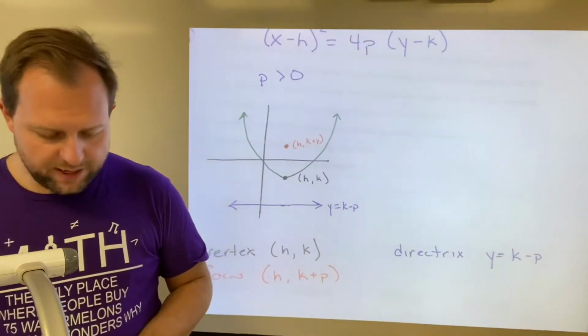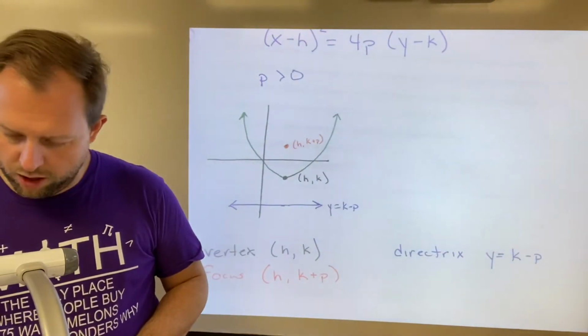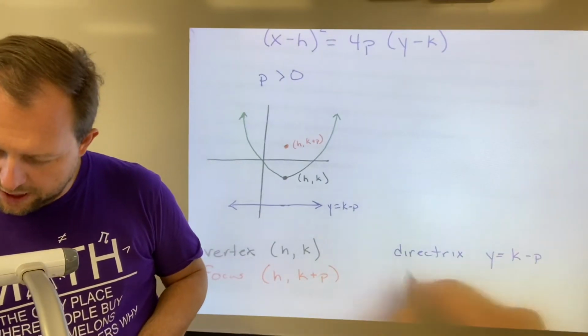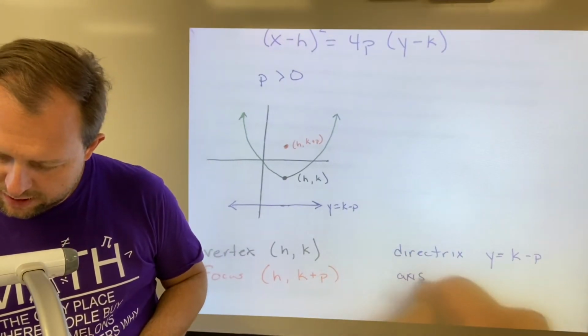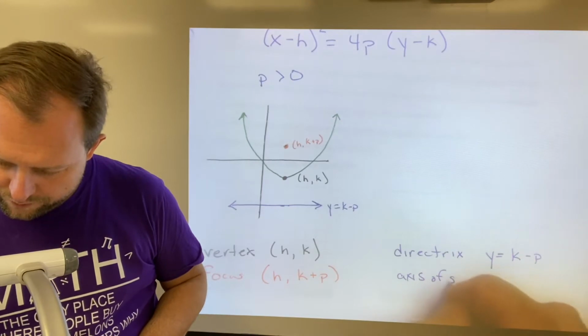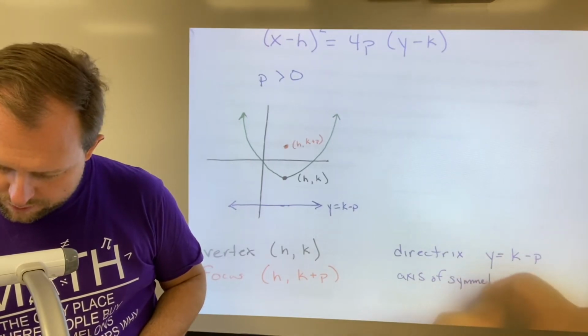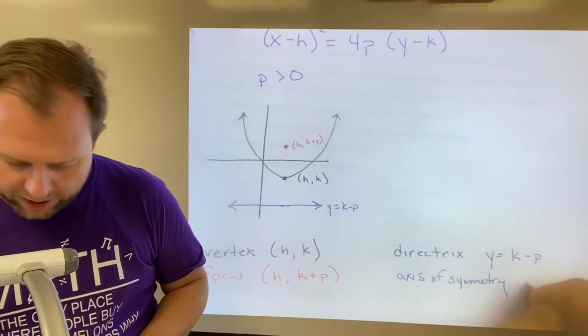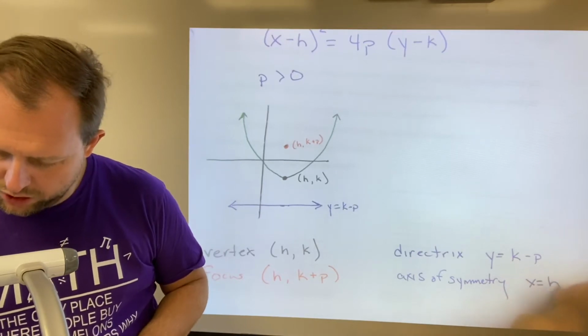And then the last thing we need to draw in is our axis of symmetry. And that is simply x equals h.